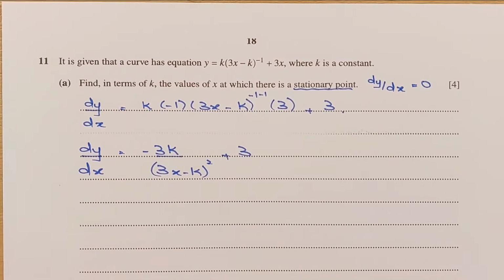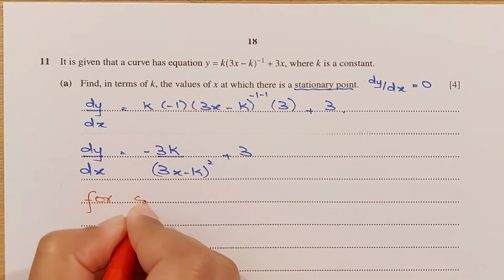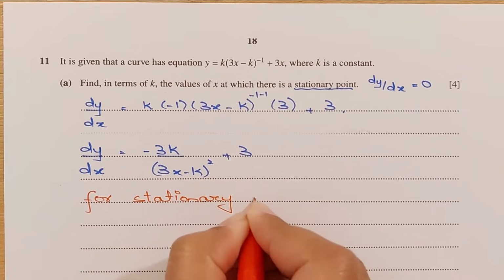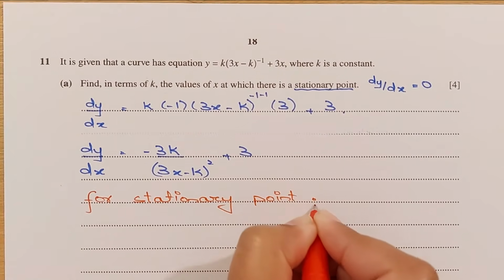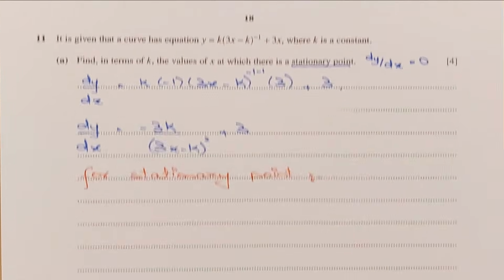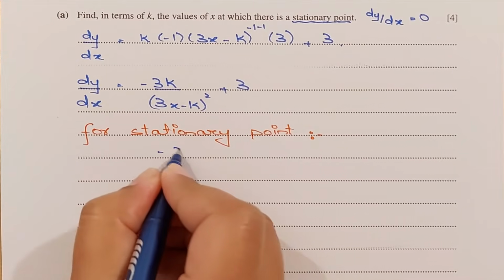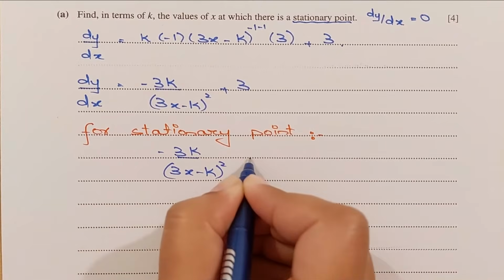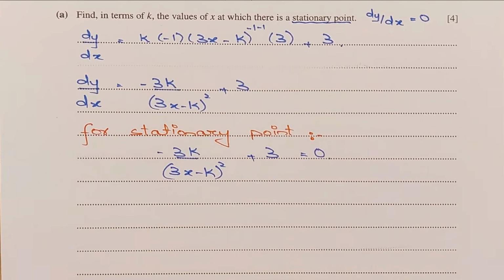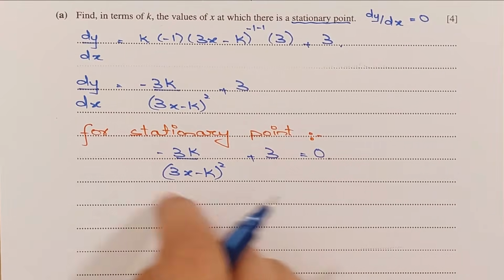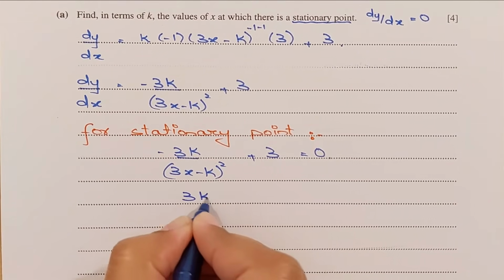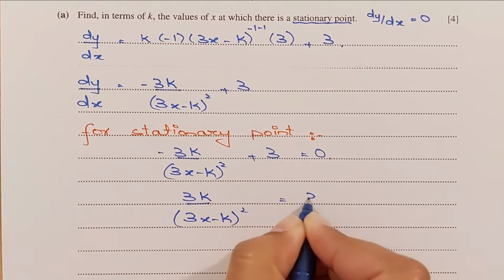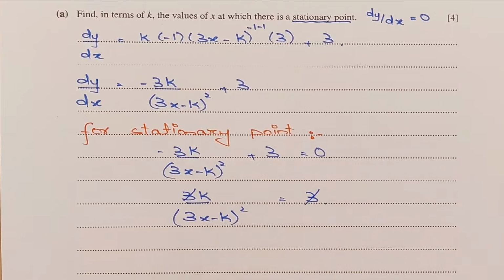Okay, now for stationary point, we have to put the gradient equal to 0, right? So let me substitute this equal to 0. So minus 3k over (3x minus k) whole squared plus 3 is equal to 0. Shifting the 3 over here, negative 3 and negative is cancelled. So 3k over (3x minus k) whole squared equals 3, right? We can cancel the 3 as well, right?